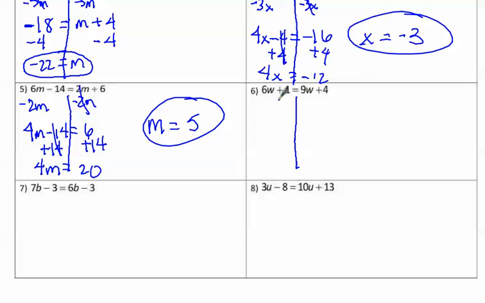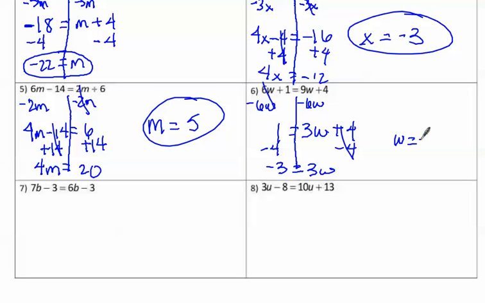Number 6, I have the choice here. I'm going to move the 6w by subtracting it to the right side because it keeps my variable positive. Now you have a two-step equation. So I'm going to minus 4 from each side and get negative 3 equals 3w. Divide each side by 3 and get a negative 1.